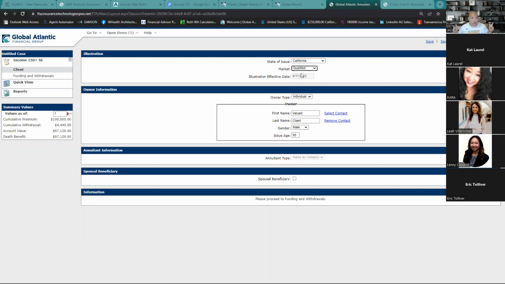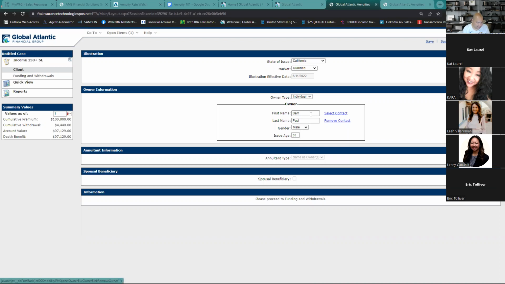When you hear the word qualified, it means they're inside a retirement account that they couldn't access until they're 59 and a half. That's qualified money. Anything that you have to qualify for based on age to be able to use.